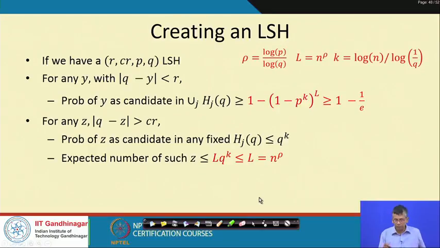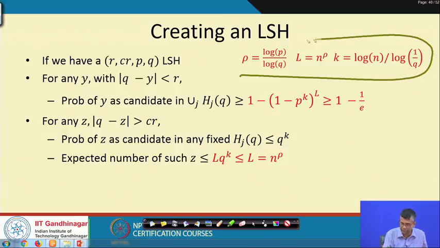It turns out, and you should really convince yourself by plugging in these values, that it is possible. The important quantity is this ratio rho between the log p and the log q. And if you set L to n to the rho, it is important to note that rho is less than 1.